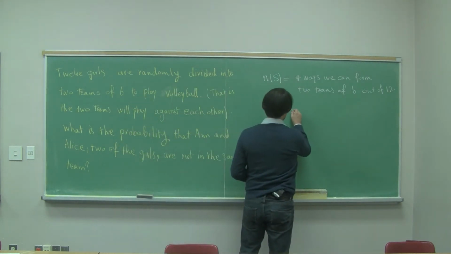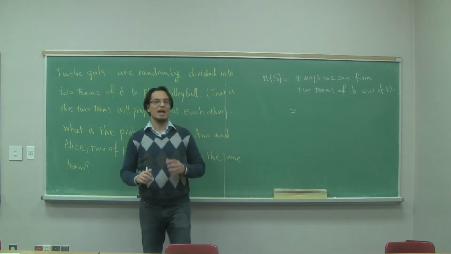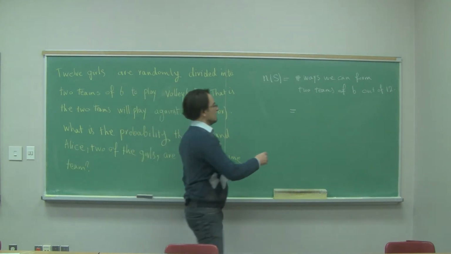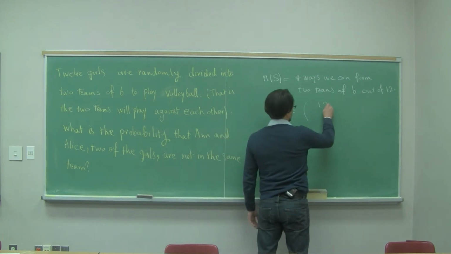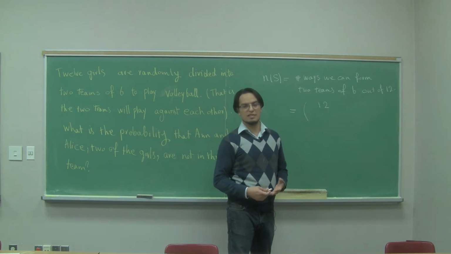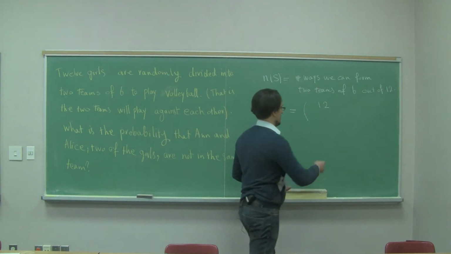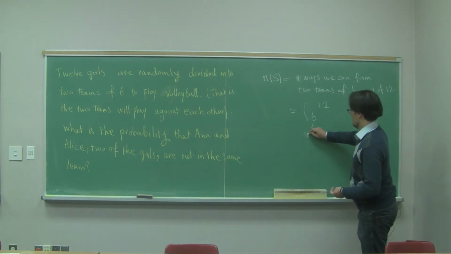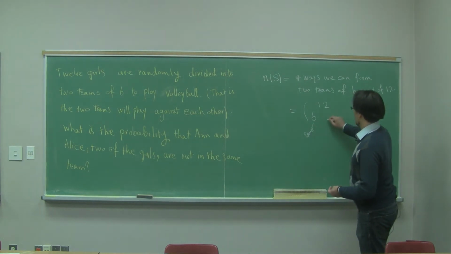So here, if I have team A and team B, then the number of ways I can do that is that I choose 6 of the girls for team A and the rest to team B.